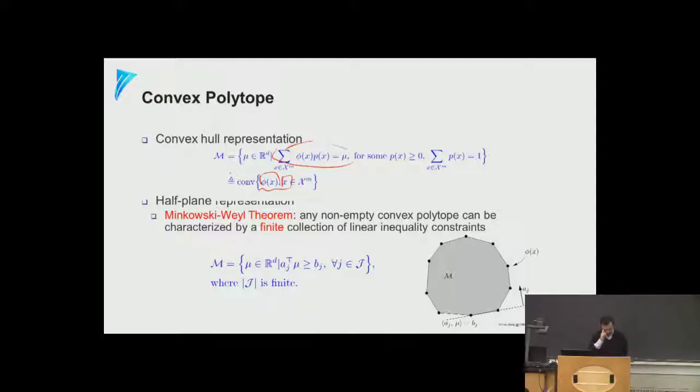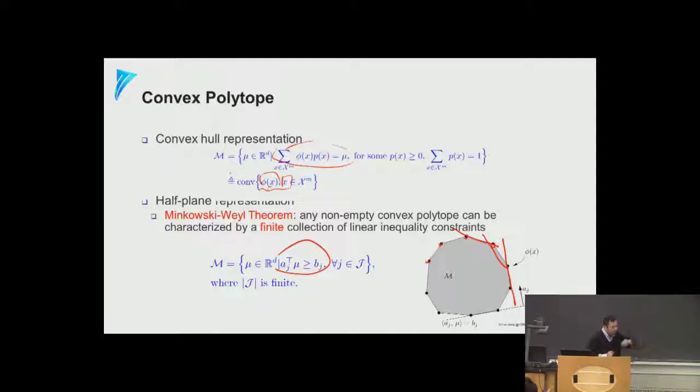And according to a theorem known as the Minkowski-Weyl theorem, this is how the convex hull looks. Each of the points is an extreme point defined by instantiations of this phi function in different ways. And this space can be equally defined by a set of half spaces, such as this one, that one, and that one. So combinations of half spaces can also help to define a marginal polytope.